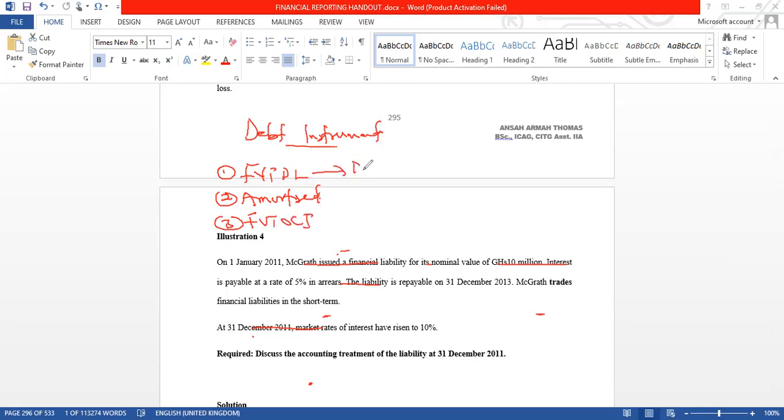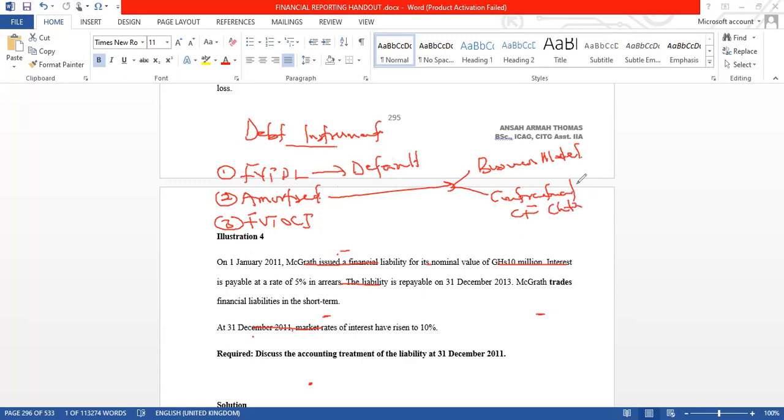Now, this is the default, all right? But you use amortized cost when it passes the business model and the contractual cash flow characteristics.